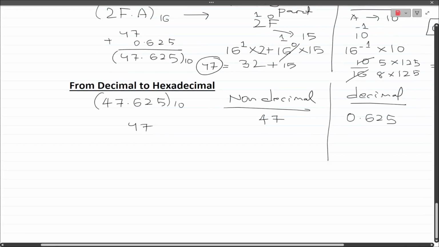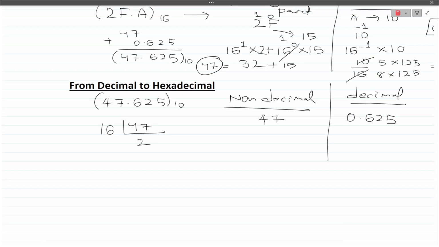So here I will be dividing it by 16. 16 times 3 is 48, so it will be 16 times 2, which is 32, and the remainder is 15. Again 16 into 0 is 0, the quotient is 2. So here we have got 2 and 15, and 15 can be replaced with F. So 2F. This is how my non-decimal part is covered.